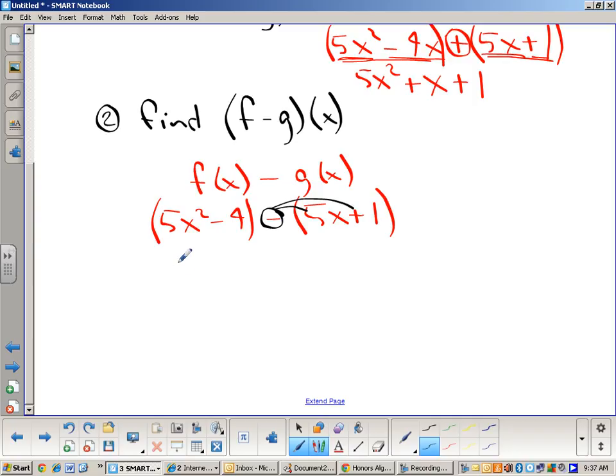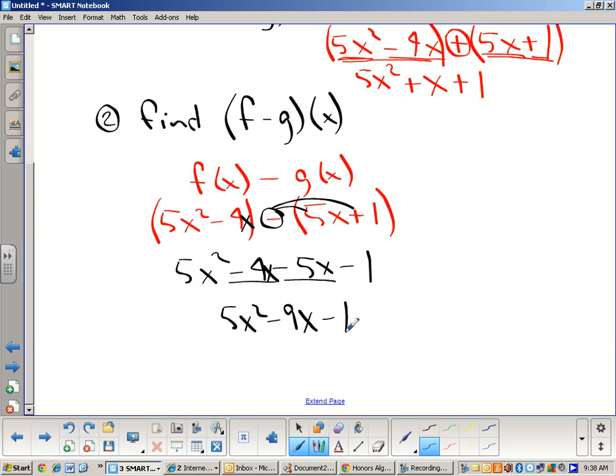That was 5x squared minus 4x; I wrote it down wrong. So we need 5x squared, and so we get 5x squared minus 4x minus 5x is minus 9x, minus 1.